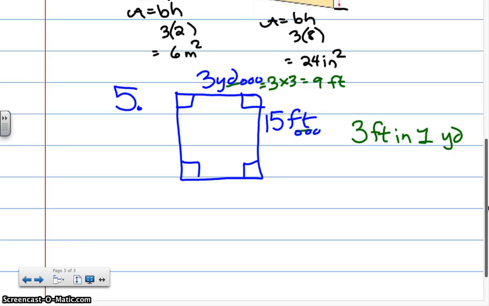If there's 3 yards and there's 3 feet per yard, that will be 9 total feet. So my area is going to equal 9 times 15, which turns into 135 feet squared.